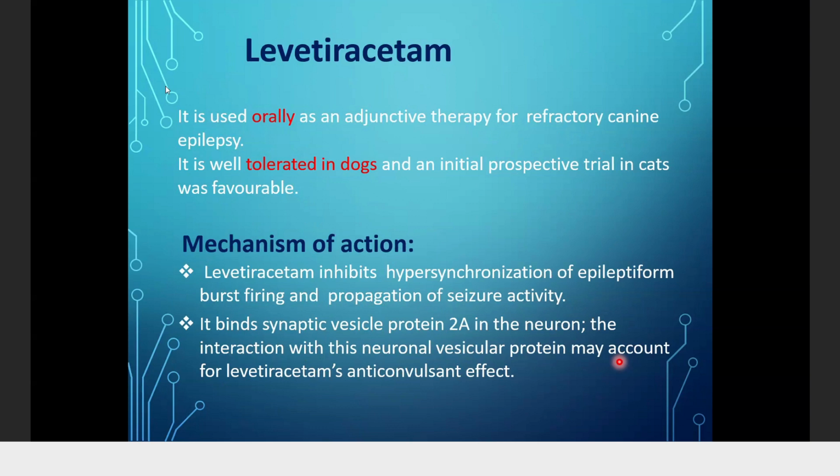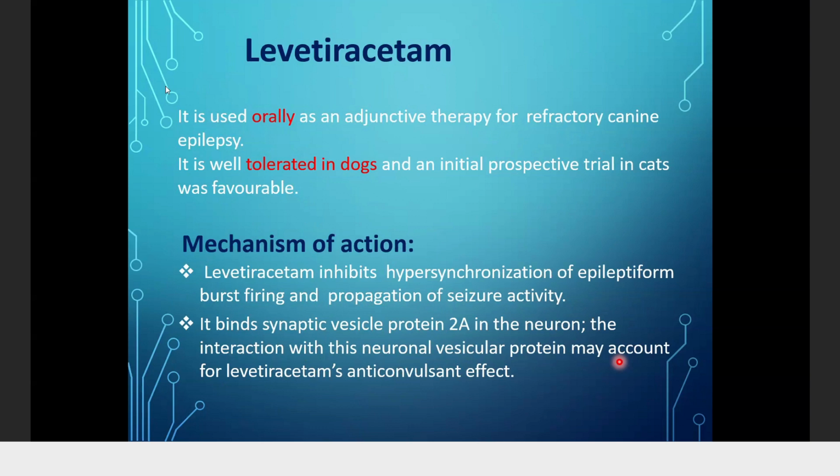Hypersynchronization of epileptiform is a form of epilepsy. Burst firing refers to the electrographic activity, the charges and so on during seizures, an increase in electrographic activity which causes the firing and the continuation of the seizure activity.